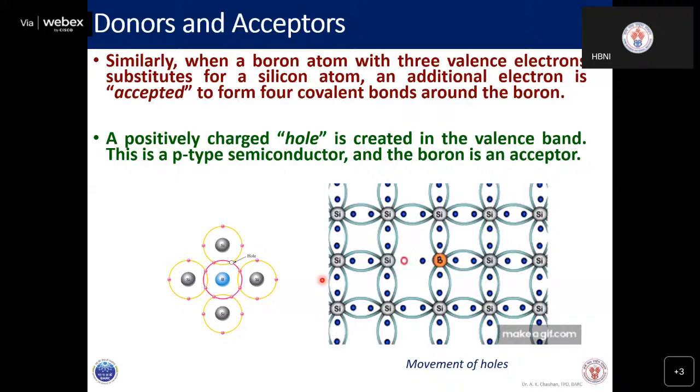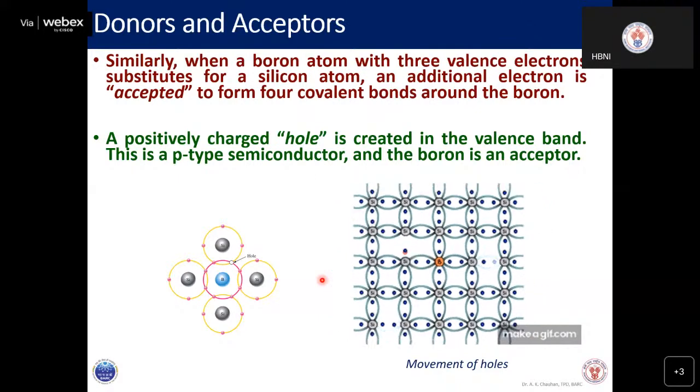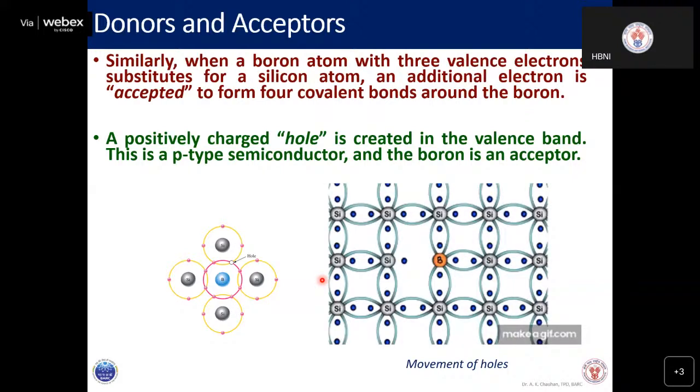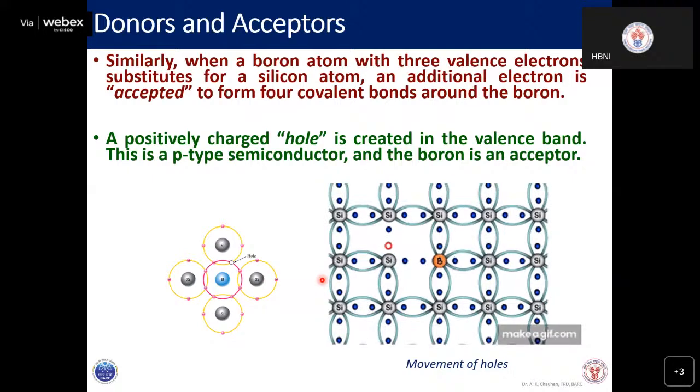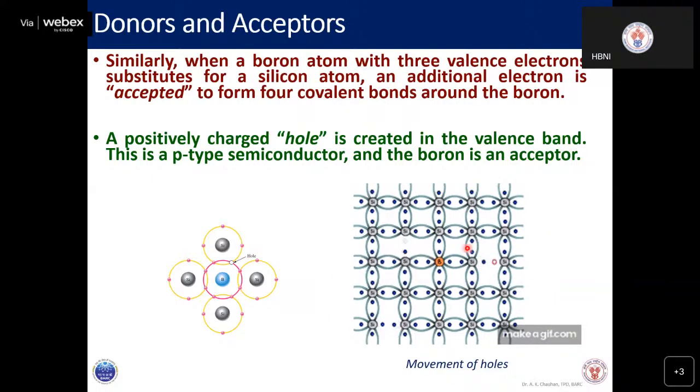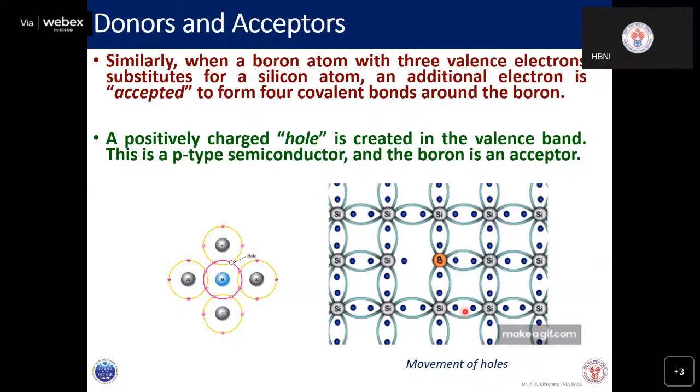We can understand the movement of electrons, but it is very difficult to realize the movement of holes. We always say that holes are moving, but holes are actually nothing. It is the opposite of electrons, moving electrons only. So in this animation, you see there is a hole. So here it was a hole.